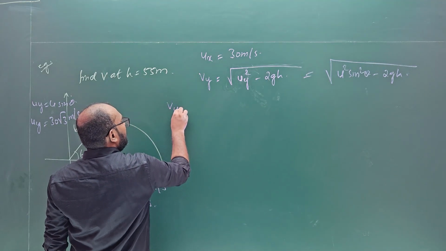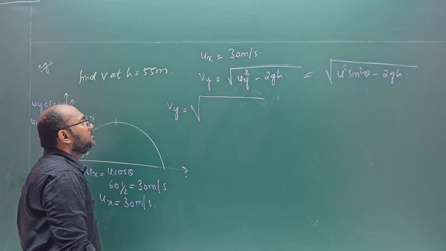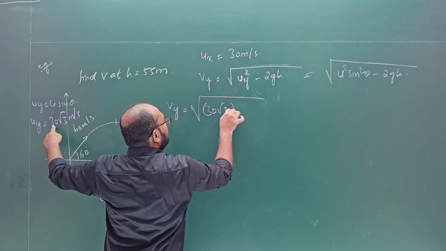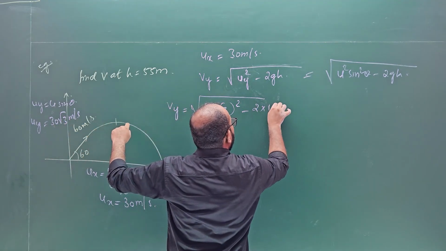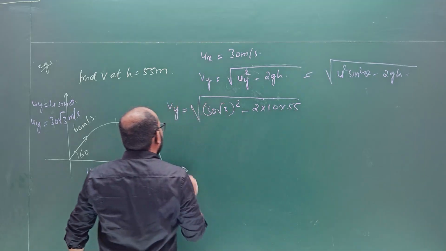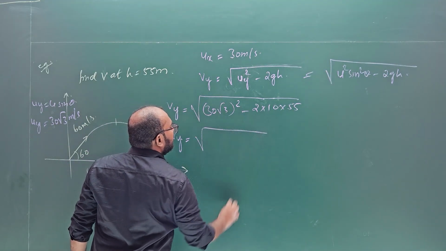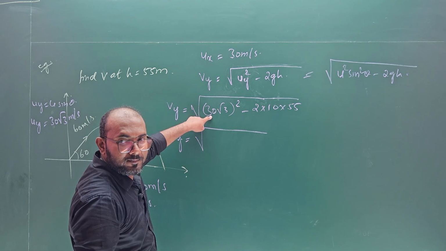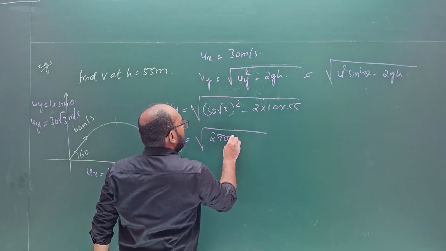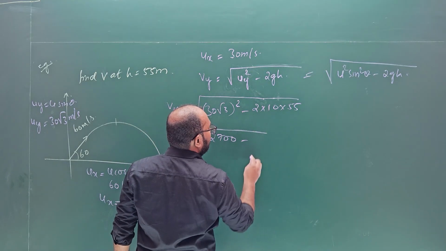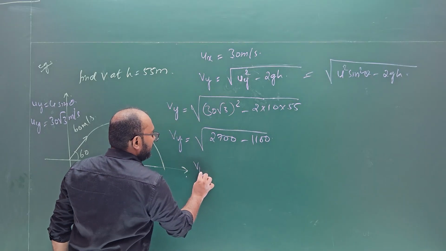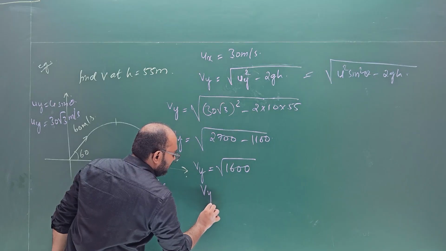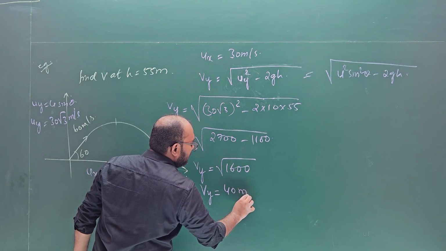So Vy is equal to, substituting the values under the root, Uy is 30 root 3, so (30 root 3) squared minus 2 into 10 into 55. Calculate these values fast. So Vy is under the root of 900 into 3, that is 2700, minus 1100. So Vy is under the root of 1600, that means Vy becomes 40 meter per second.